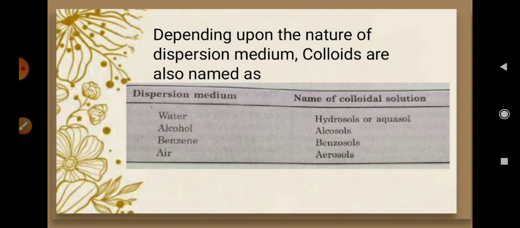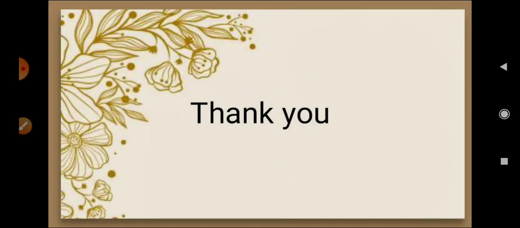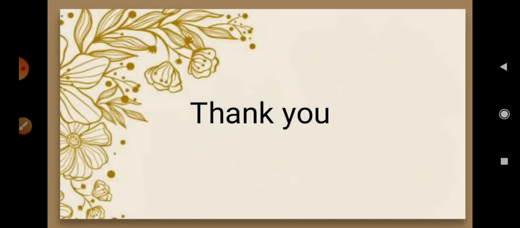If the dispersion medium is alcohol, then it's called alcosol. If it is benzene, it is called as benzosol, and if it is air, it is called as aerosol. So this is all about the classification of colloids on the basis of physical state of disperse phase and dispersion medium.